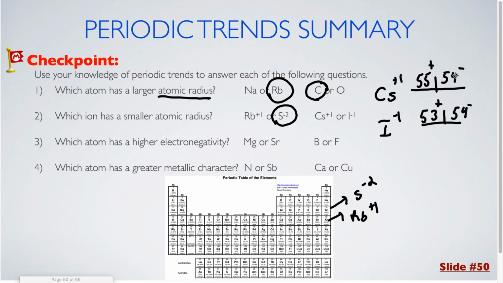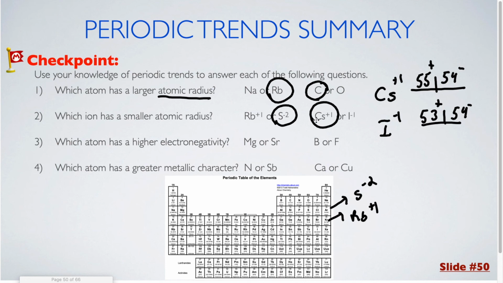Both of these have the same amount of pull from the shells of the electrons, the same pull going outwards. If I want to know which one is smaller, it is going to be the one that has the greatest pull from the nucleus, the one that is best able to pull those electrons towards the center. Well, that's going to be cesium because that has 55.